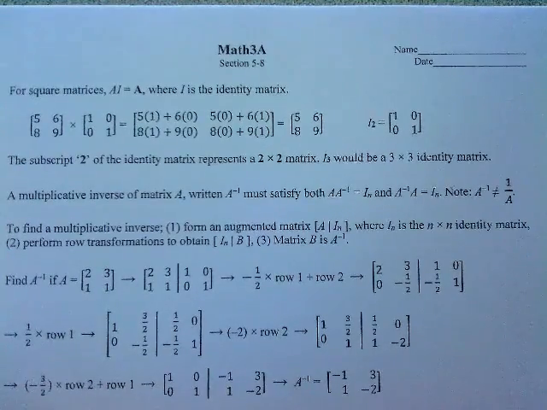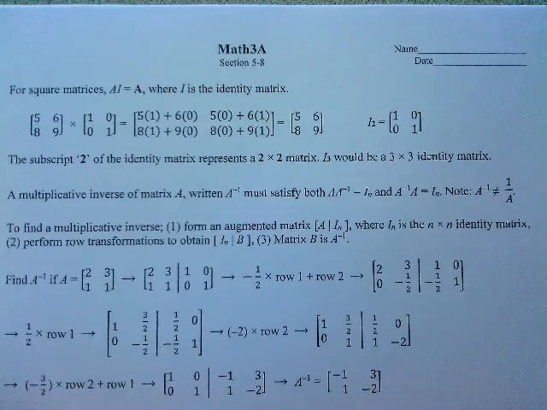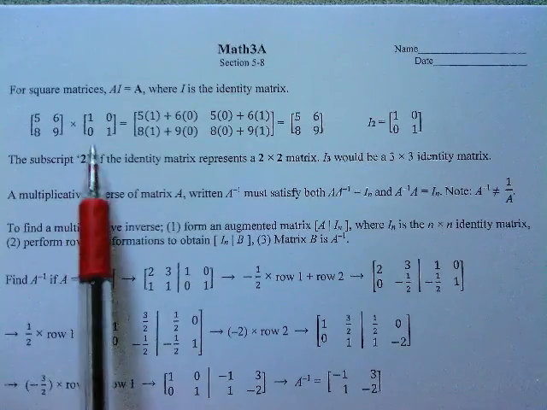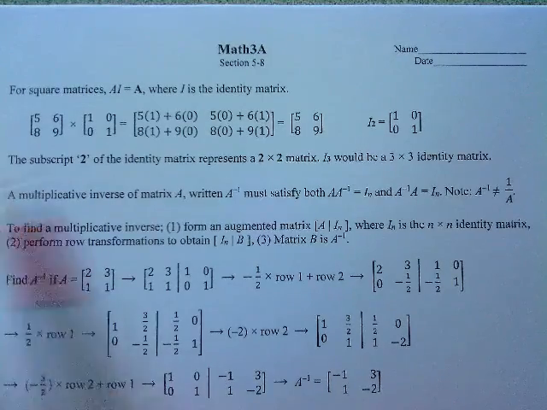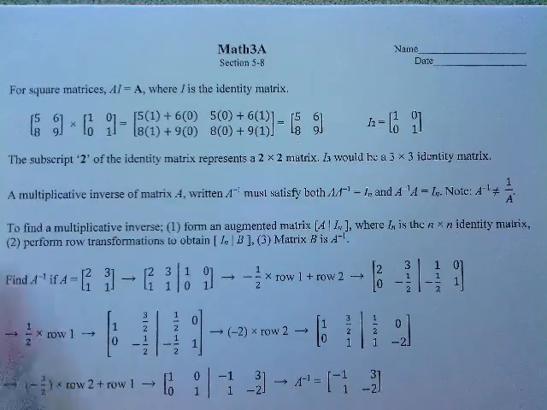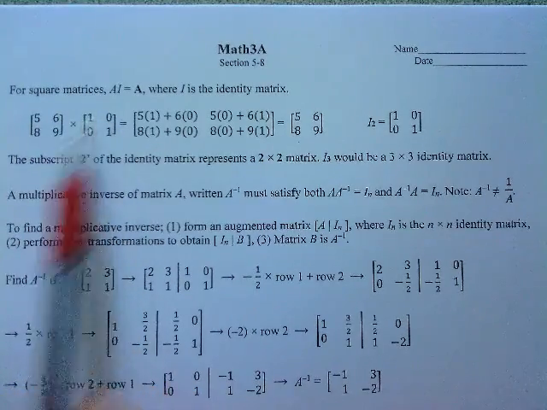Alright, now let's look at the last section of Chapter 5, where we get introduced to the idea of an inverse for a matrix. Basically, let's first start off with what an identity matrix is. An identity matrix is one in which, after you do the multiplication, the value of the matrix is the same. This is your identity matrix: 1, 1, 0, 0.